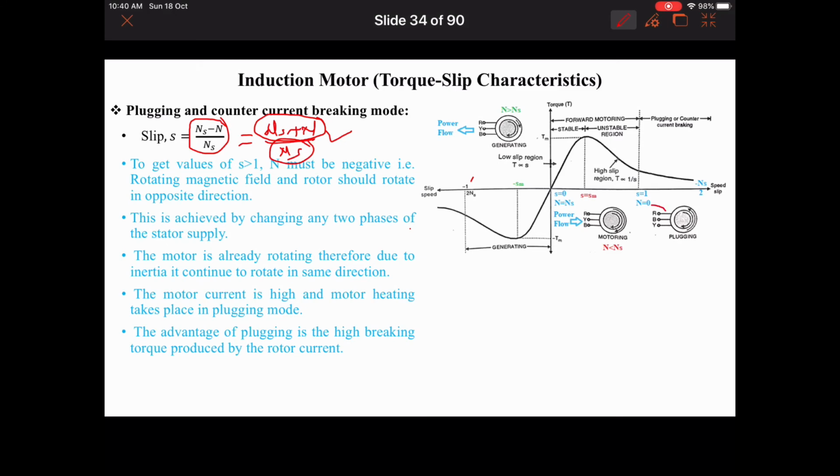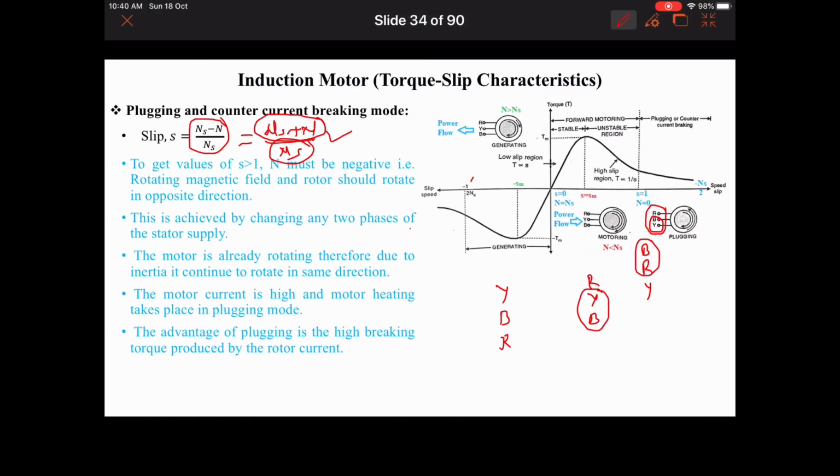This is achieved by changing any two phases of the stator supply. For example, initially we are supplying the stator winding in this order RYB. If we change it to BRY, it means we have changed the first two phases, or we change RYB here, these two phases, or we can make it YBR.